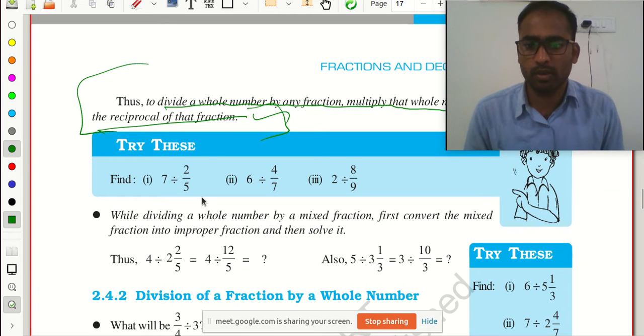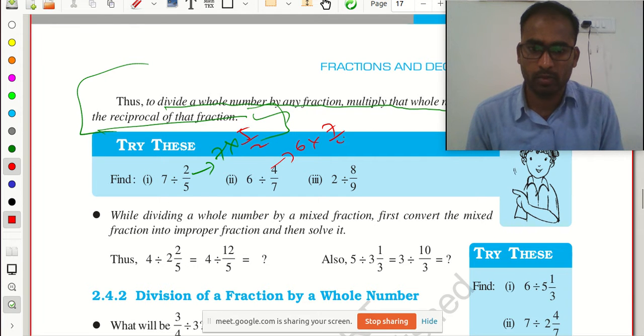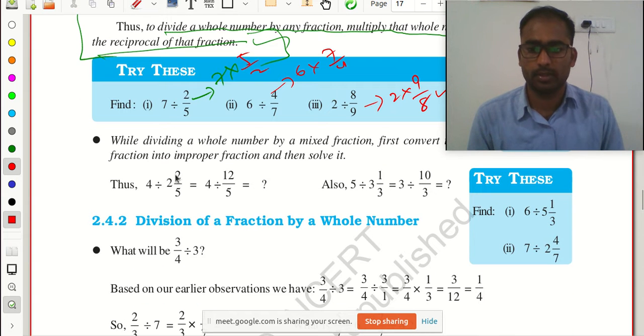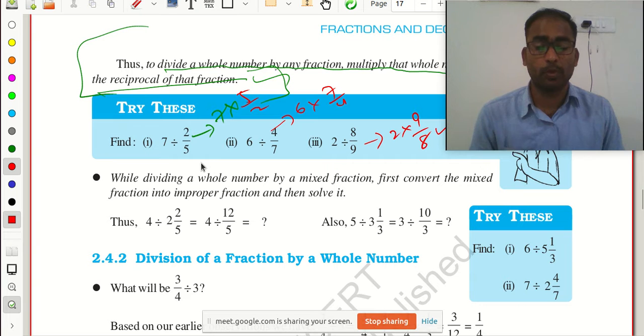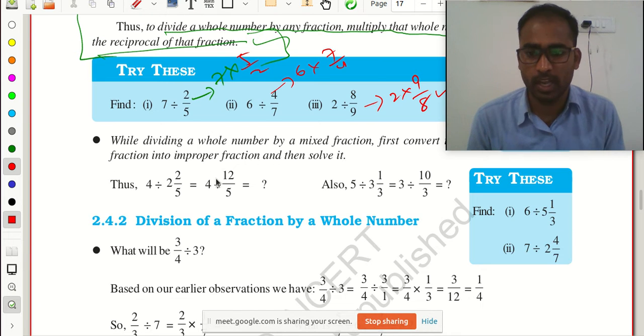So what is the value of this one? 7 divided by 2 by 5 is 7 multiplied by 5 by 2. Here 6 multiplied by 7 by 4. Here 2 multiplied by 9 by 4. And suppose you are having an improper fraction or mixed fraction. Then what you need to do?